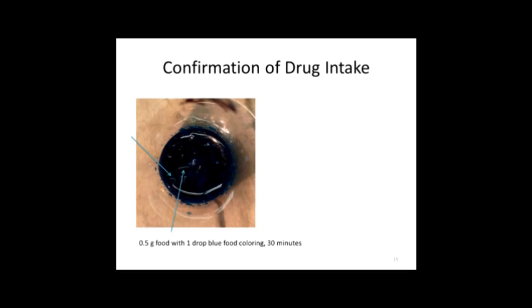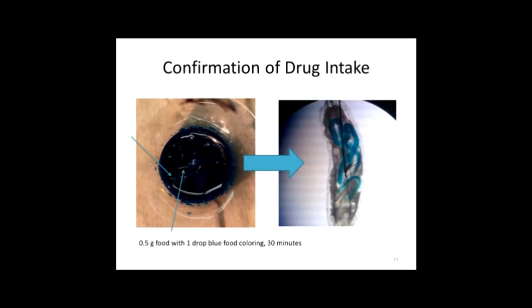So I placed 0.5 gram of food with 0.5 milliliter of water and put larvae into this food coloring mixture for 30 minutes. The 30-minute treatment was shorter than any of the treatments that I used in my experiments. So it was pretty clear after I removed the larvae and then looked at them under the microscope that this pretty blue color in their intestinal tract was confirmation that they did ingest the food that they were being placed in.